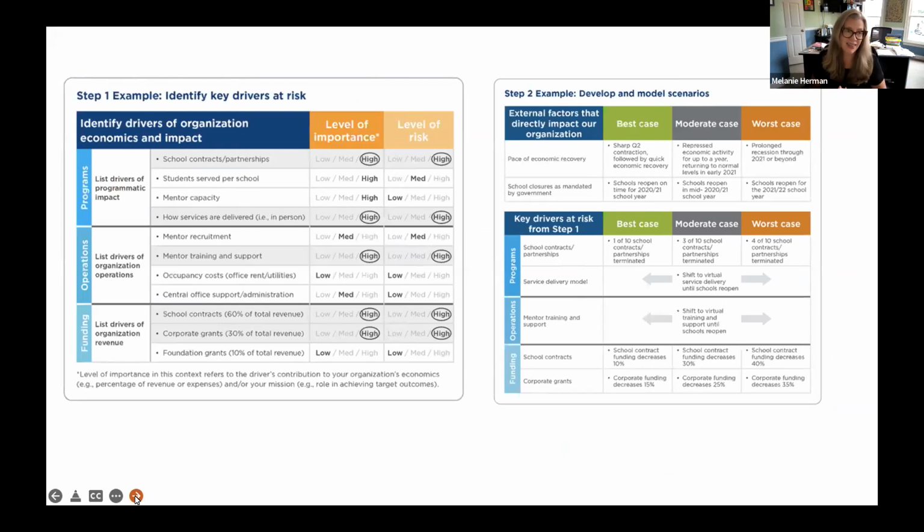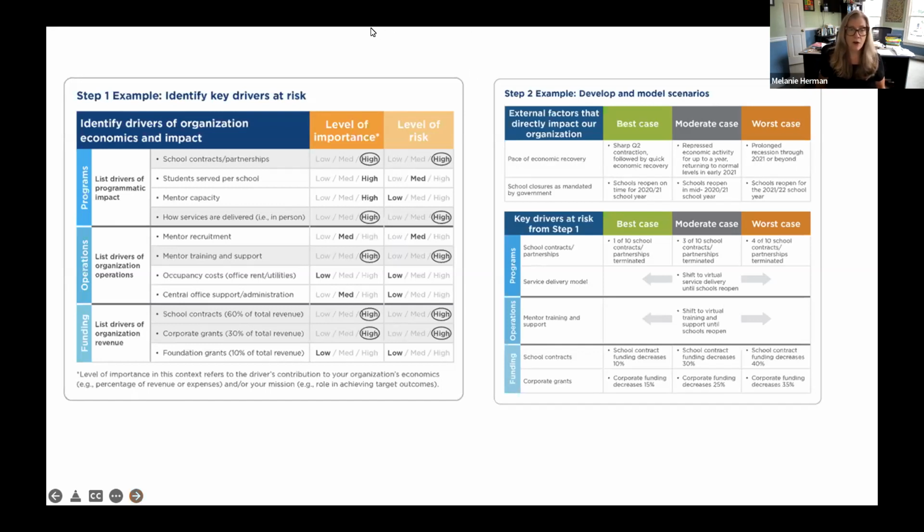So you'll see on the left-hand side, we're at step number 1, where we're invited to identify key drivers at risk. And again, they suggest programmatic drivers, operational drivers, and funding drivers. In this particular worksheet, the person who's completed it has listed 4 drivers of programmatic impact, 4 drivers of operational impact, and then 3 drivers related to organization revenue.